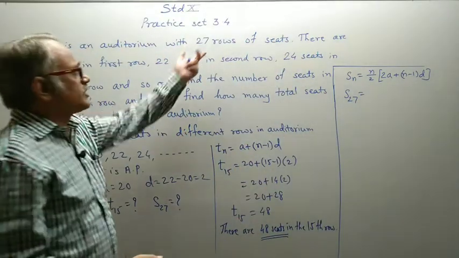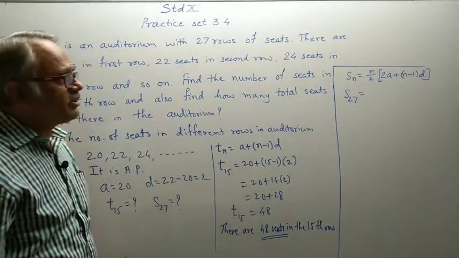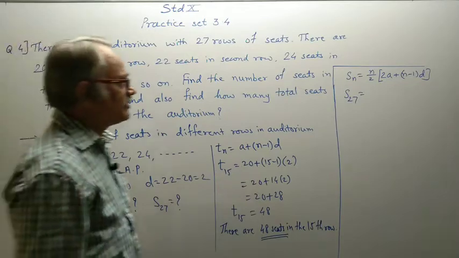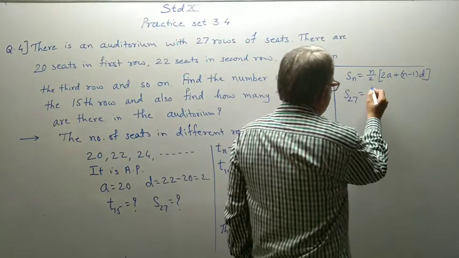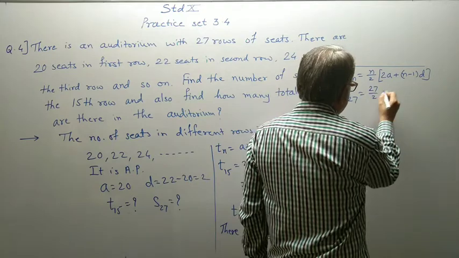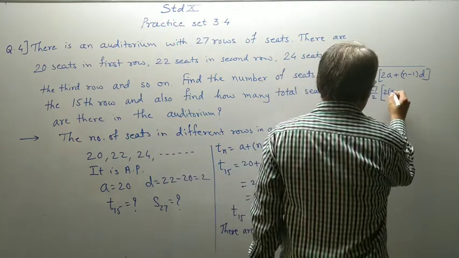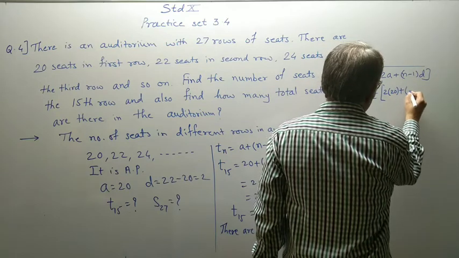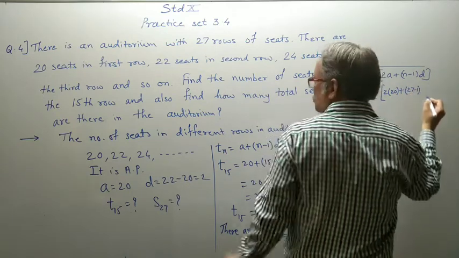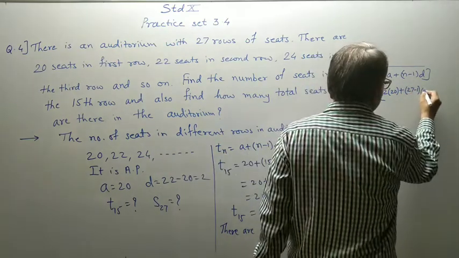All the rows, total seats in the auditorium, S27. 27 upon 2 bracket 2 into 20 plus 27 minus 1 into 2 difference.